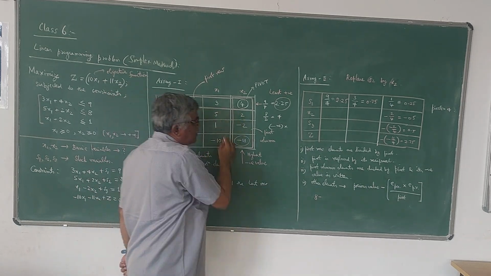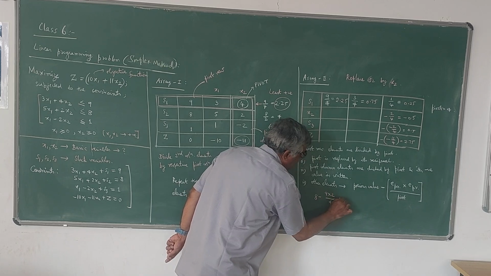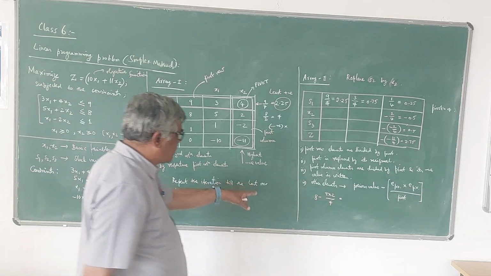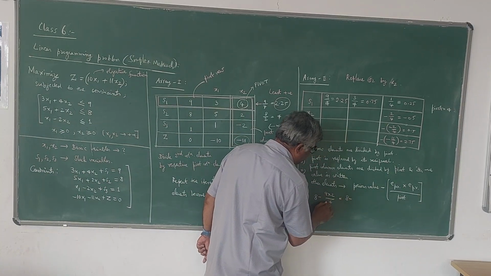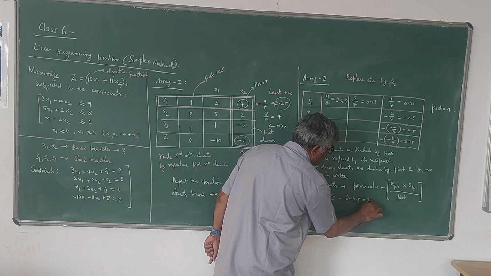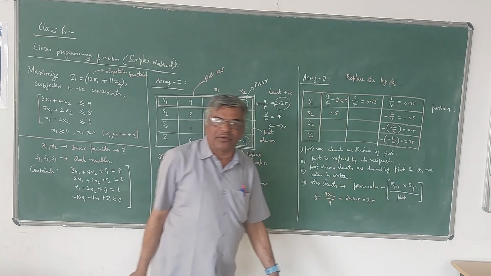So 9 into 2, divided by the pivot 4. Got it? This is how we have to do it. So this becomes 8 minus 18 divided by 4, which is 4.5. So that is 3.5.